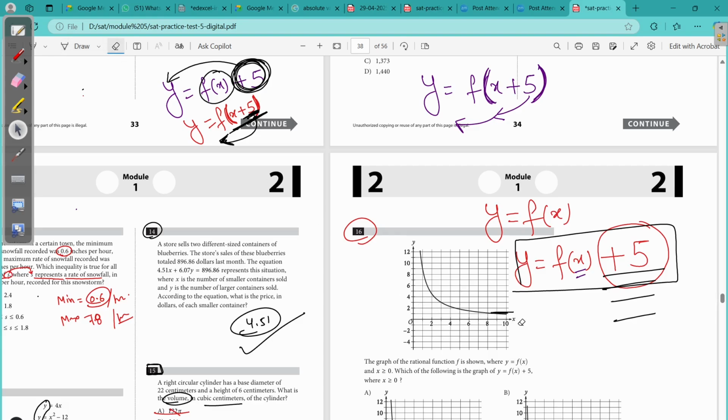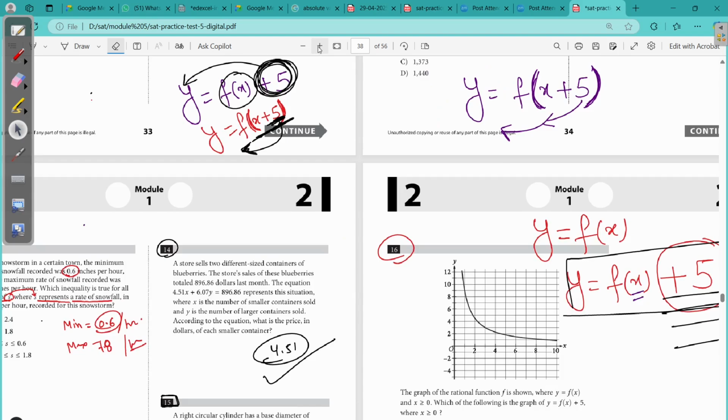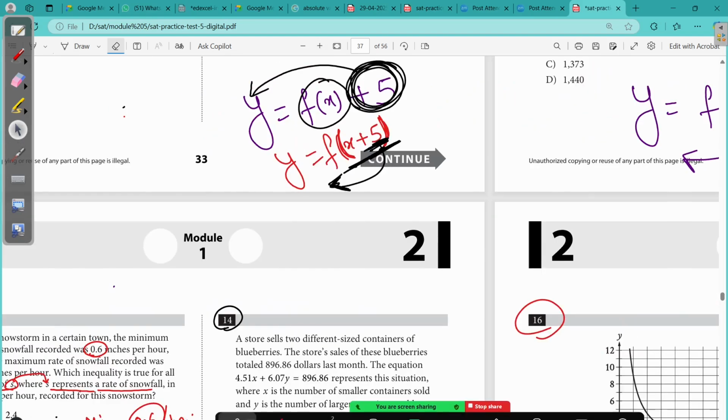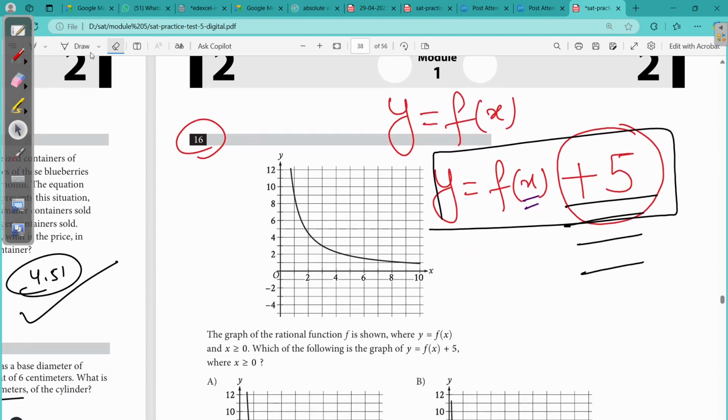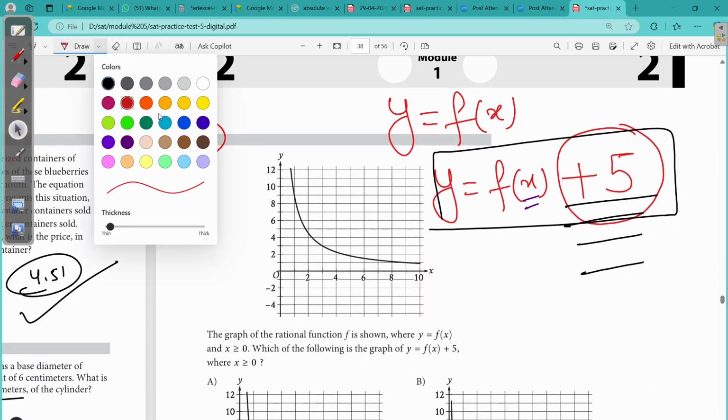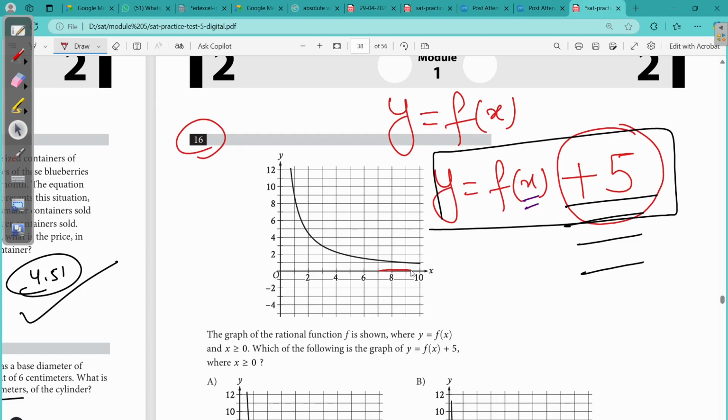Let me zoom in on it. Now please see, if you go for higher values of x, you can see your graph is moving parallel to the y equals 1 line.